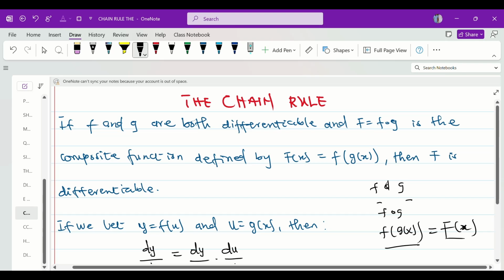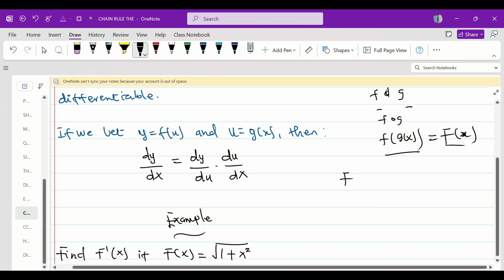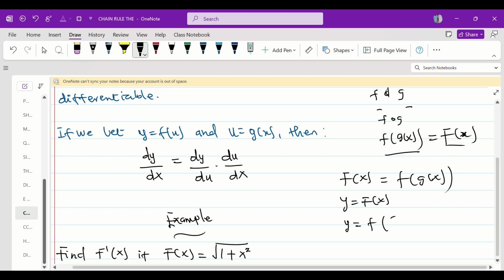Now, from F of x, which is equal to f of g of x, if we let y be equal to F of x, then you get y equal to f of g of x. You get it?